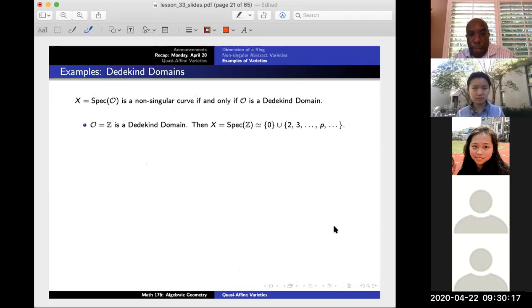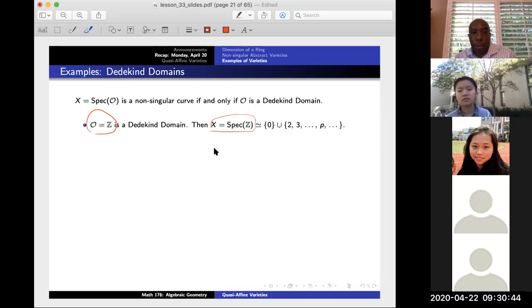So the first example here is actually pretty nice because the integers is a Dedekind domain. So spec Z is a non-singular curve. Now remember, this is supposed to look really weird because you want to ask, are there any defining equations? And in this case, there are no defining equations. You can ask, well, what's the tangent space?